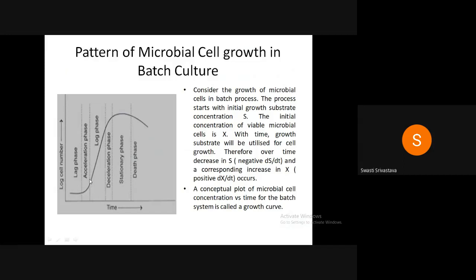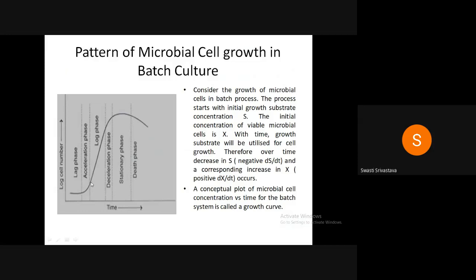Then comes the acceleration phase, where the population starts to grow or increase in number. The consumption of the substrate also rises to some extent, but it is still fairly near zero levels. So the population is accelerating. This is your acceleration phase.